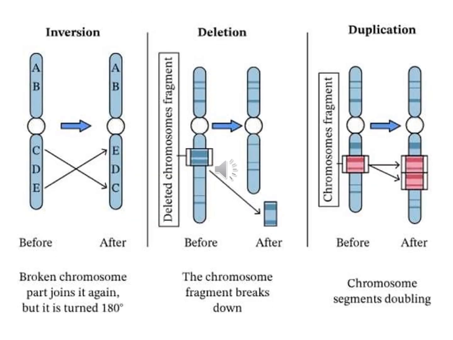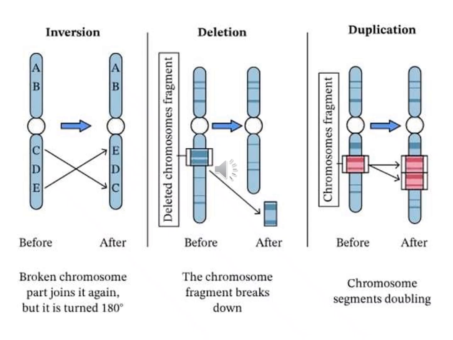This slide explains the difference between inversion, deletion, and duplication. These are the structural chromosomal abnormalities involving rearrangement or alterations of chromosomal segments with distinct genetic and clinical consequences.